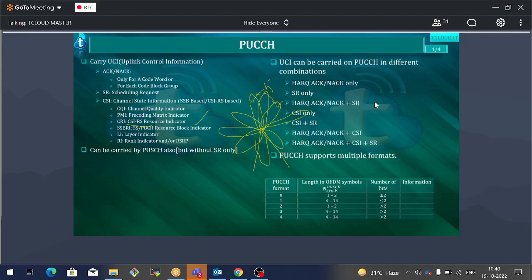Because to detect that, the mobile gives the channel state information and a lot of other details that it would be sending to the network.